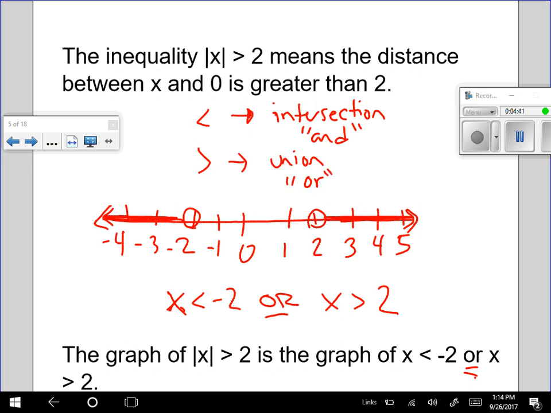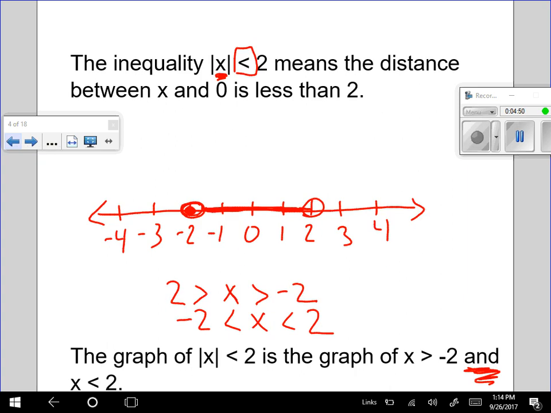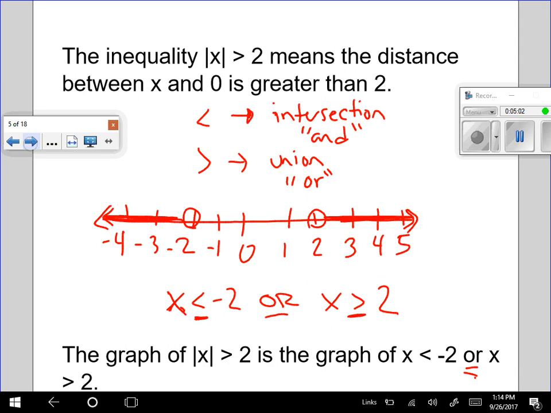So we need to be able to write those how they are. Notice when you're talking about or, our arrows are heading opposite directions. If we look back, we're talking about and. Our arrows are actually heading towards each other in this case. That's our and. So let's look at some examples.